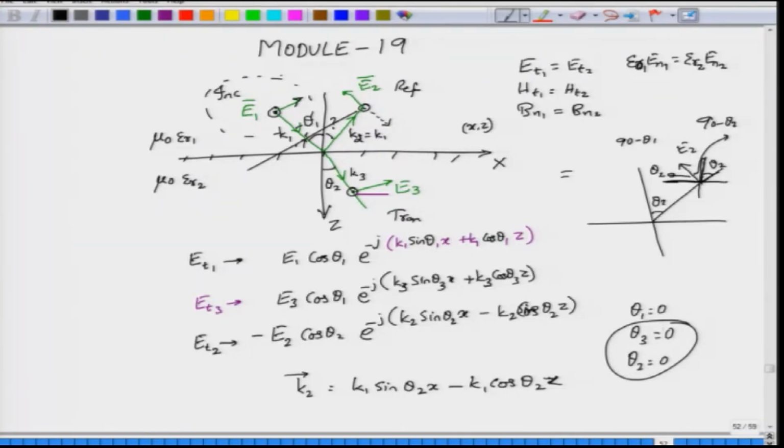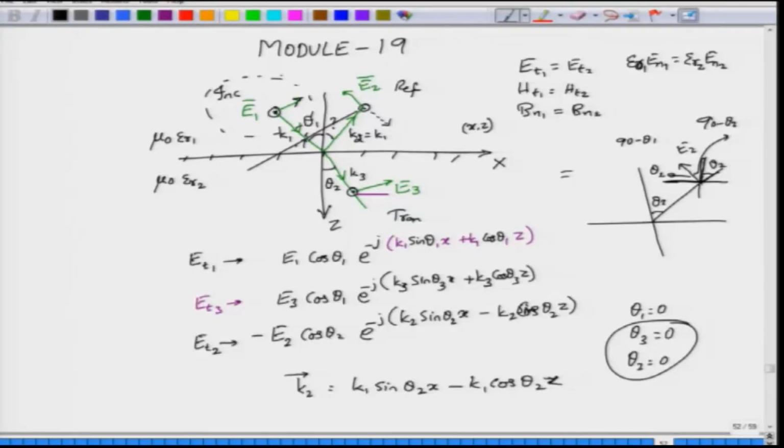If you assume all these thetas to be 0, you will clearly see that all the x dependent phase factors go away, as they should, because there was no e power minus j k something times x in the normal incidence case. All the waves were propagating either along plus z or along minus z. All cos theta factors will become 1, Et1 will be along the plus x direction, and Et3 will also be along the plus x direction.